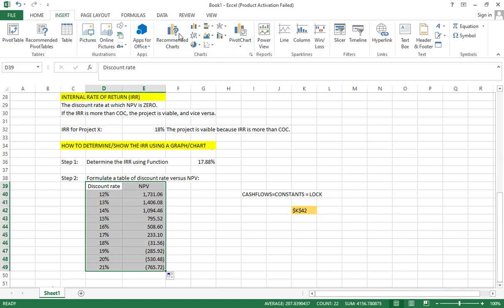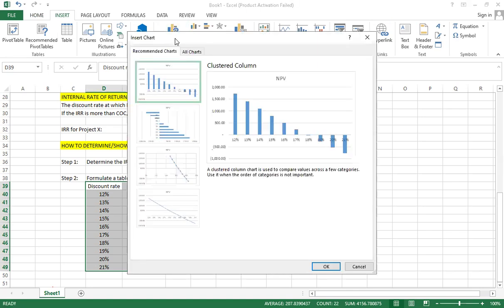Excel calls them charts. So I've said a chart is a graph. So charts. Under the charts on the left, I hope you see recommended charts. So click on the recommended charts.